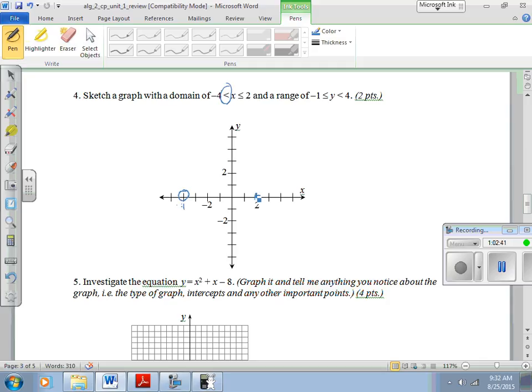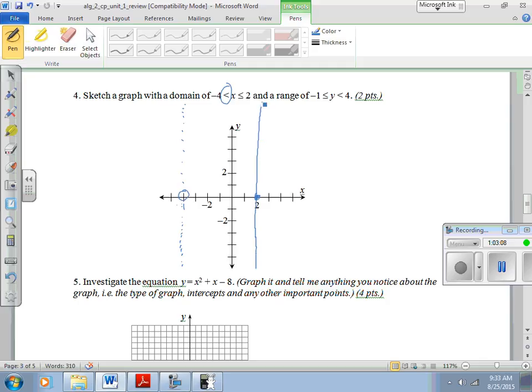So here's your restriction. You can only draw a graph between these lines, and your graph cannot touch that line. Okay? It can touch this line though.